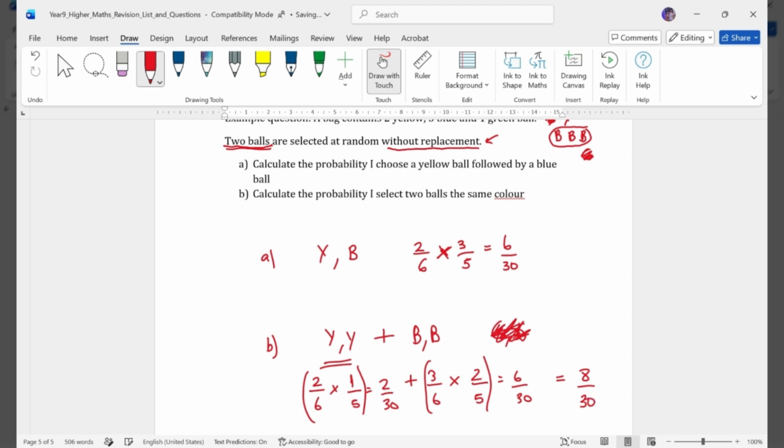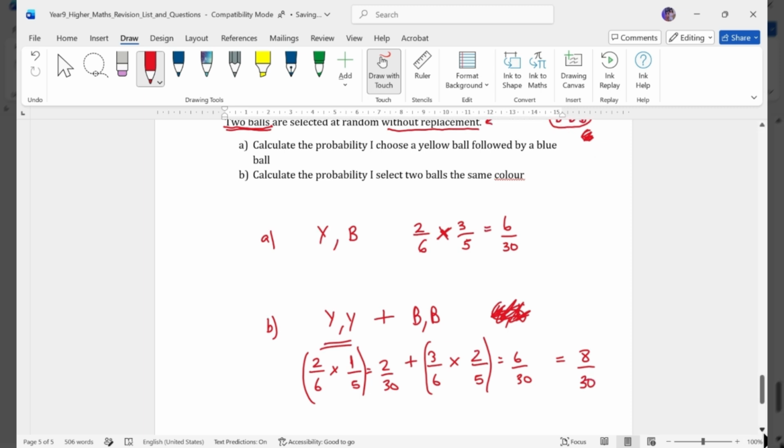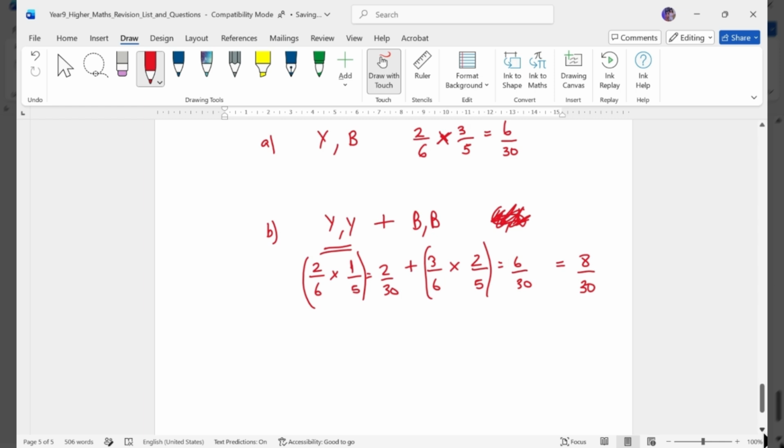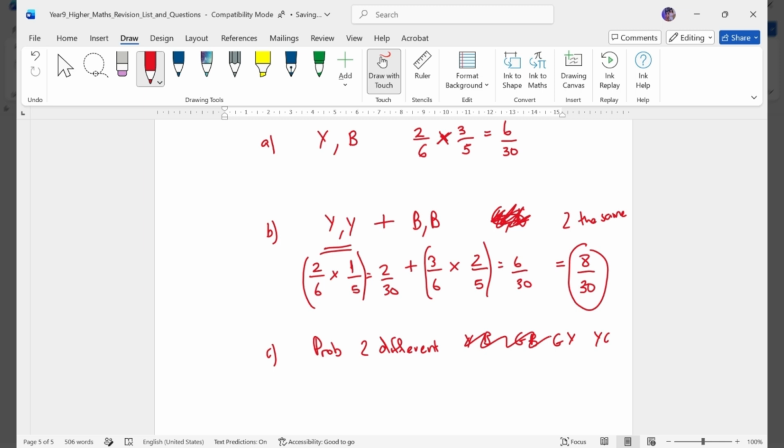I'm going to add a part C. Just in case. 8 out of 30 is the probability of pulling 2 the same. If I added a part C, which said, what is the probability of 2 different? To save you working out all the combinations like yellow, blue, green, yellow, I don't know, there's loads of them.